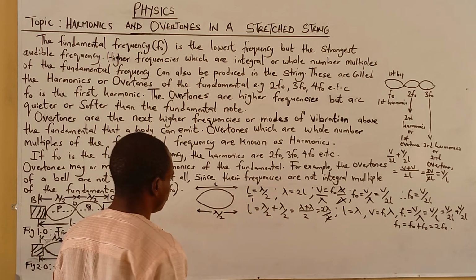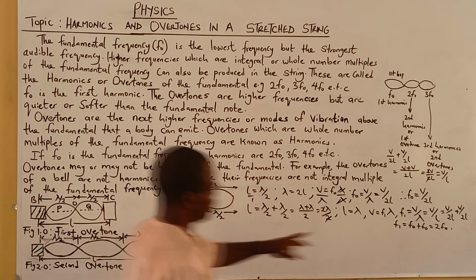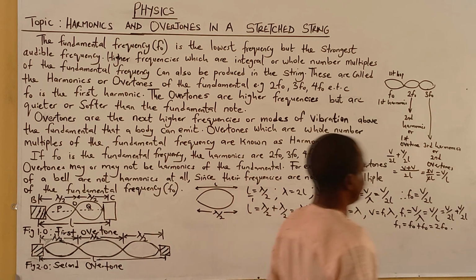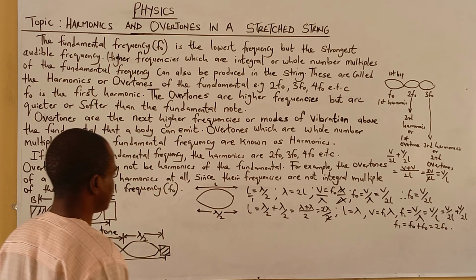The first overtone gives us 2F naught. That's the first overtone, it gives us 2F naught. That's how to get that.